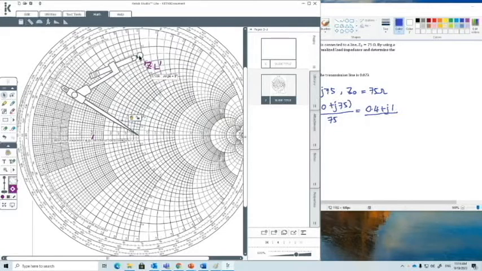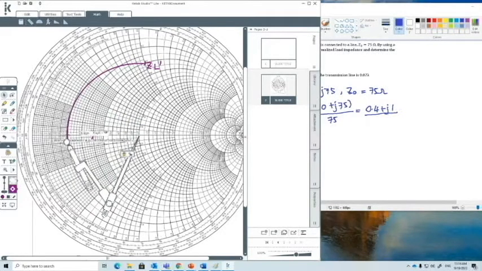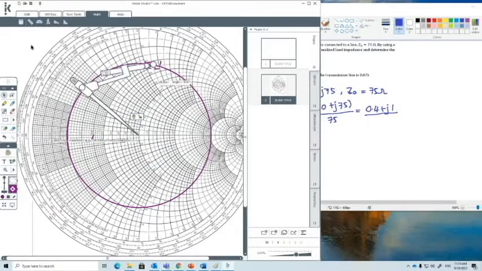Dia punya pencil akan berada di bahagian ZL prime, yang you dah plot tadi. Once you dah dapat, firmly lock you punya compass dan draw dia punya VSWR circle.